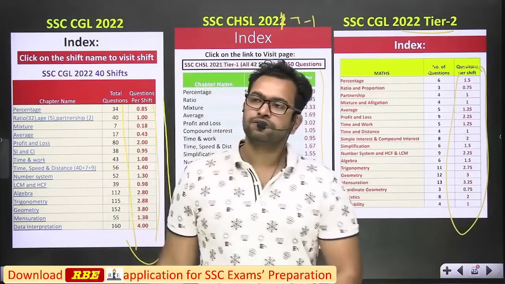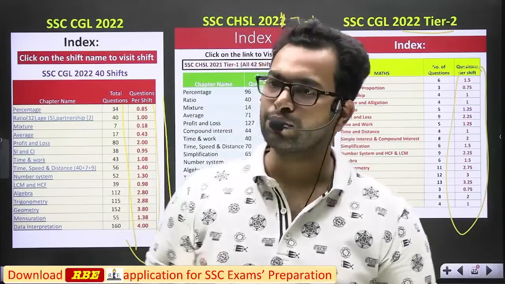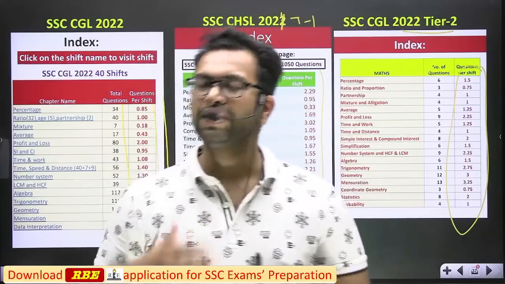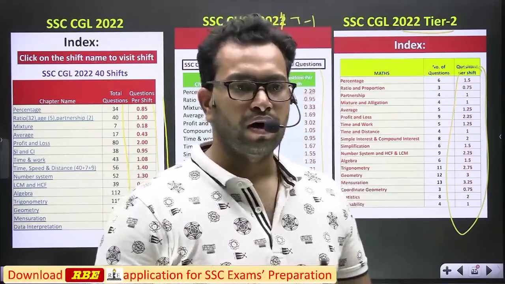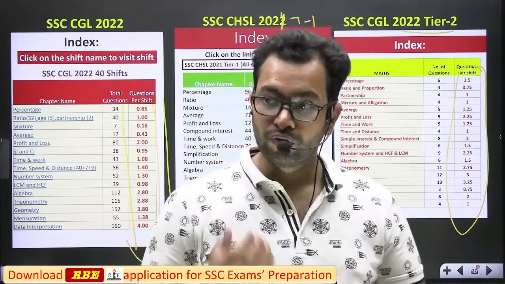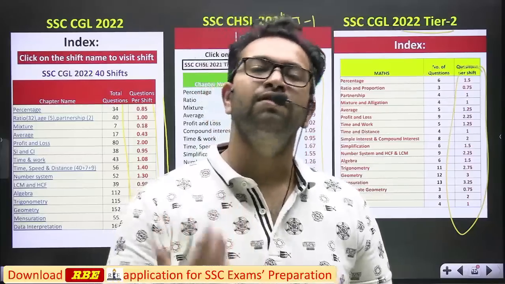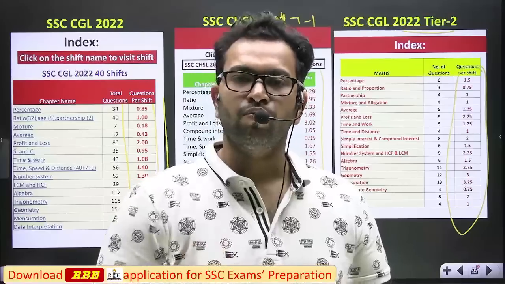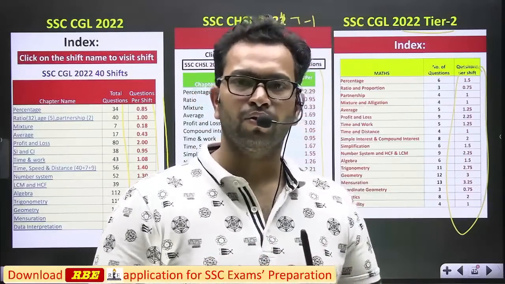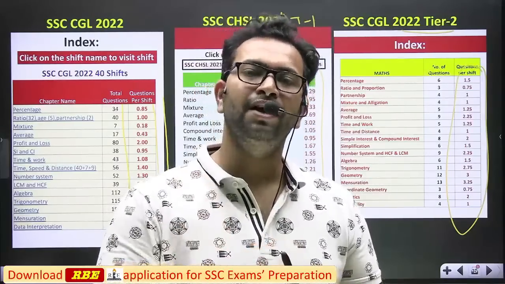As we are seeing, SSC is focusing more on the arithmetic section. The calculative questions are generally asked from the arithmetic section, and the level of questions asked from advanced maths is generally low. So you don't need to dig deep into advanced maths. Just cover what SSC is asking. Two to three years back, or if I go to the SSC CGL 2017 examination, the advanced maths level was very high.